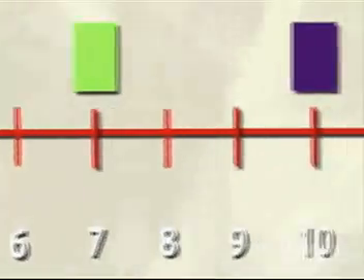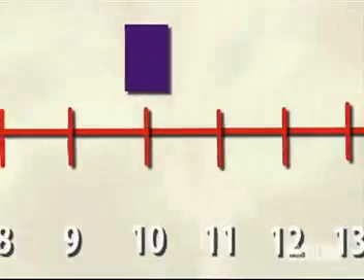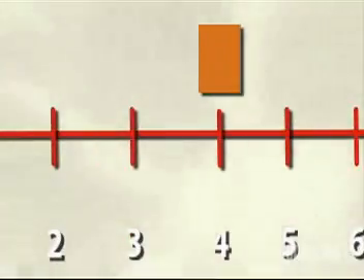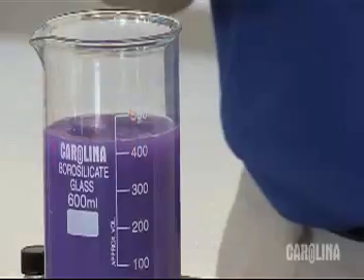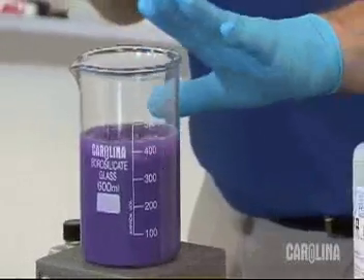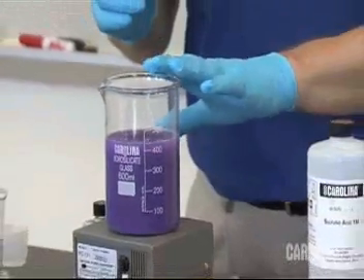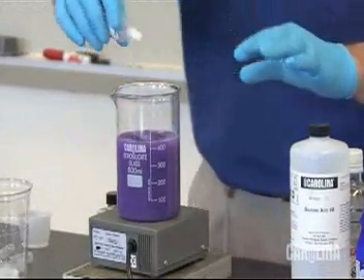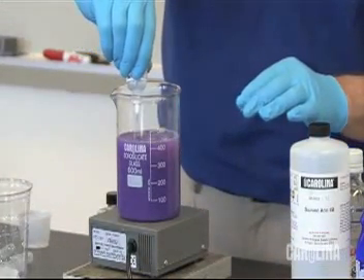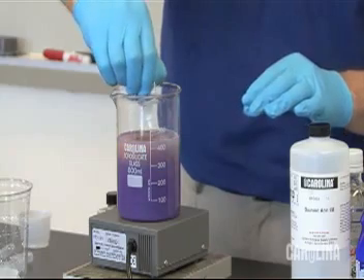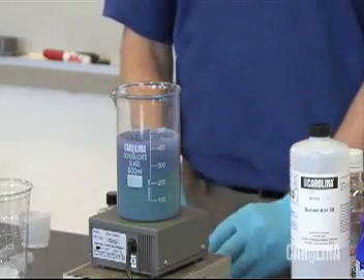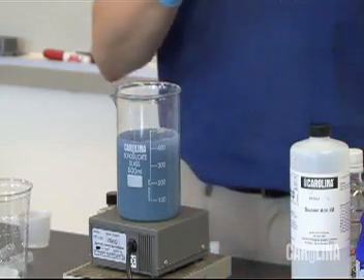It displays smooth changes in color over a pH value range from 0 to 14. It shows the acidity or basicity of solutions. Litmus paper does not display quite the range that universal indicator solution does, but it works on the same principle.